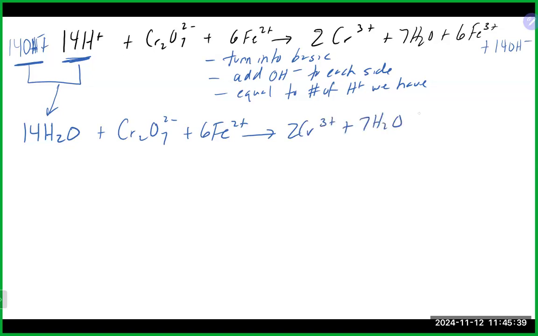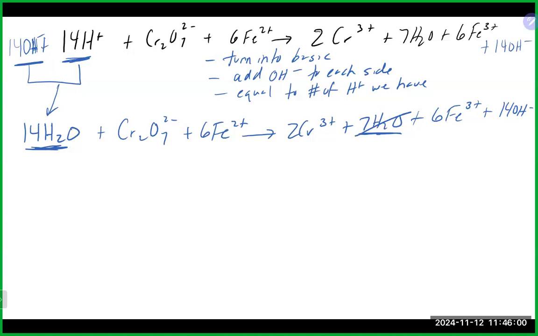And usually at this point, when you combine to make water, you will also usually have some water that you could reduce down. So if I look on the right-hand side, I got 7 waters. I look on the left-hand side, I got 14 waters. You can think of the arrow like an equal sign. You can subtract the 7 from the 14.